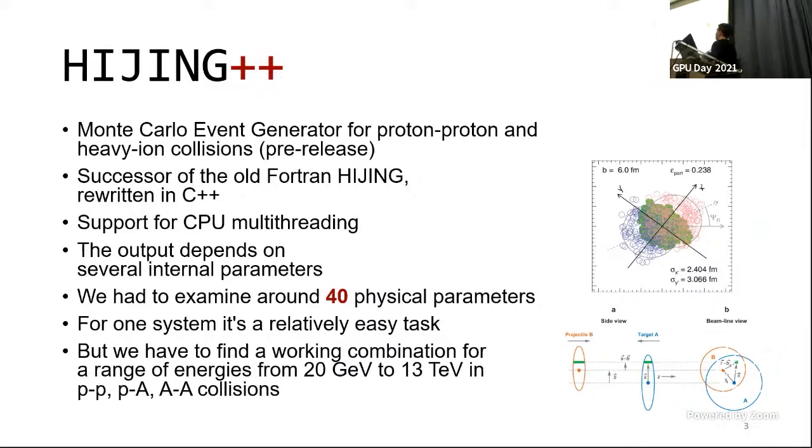But our task is to find a working combination from a range of 20 giga-electron volts to 13 tera-electron volts in all proton-proton, proton-nuclei, and nuclei-nuclei collisions. This requires an extreme amount of computational power.